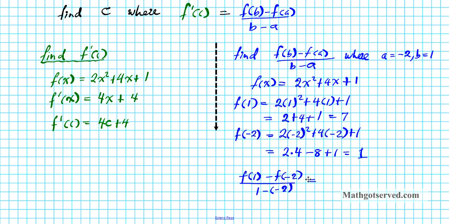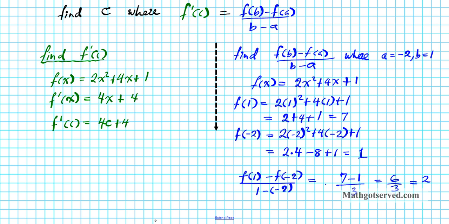That's the slope of the secant line. f of 1, we got 7, minus f of -2, which is 1. So 7 minus 1, divided by 1 minus -2, which is 1 plus 2, which is 3. So 7 minus 1 is 6. 6 over 3 is equal to 2. So that's the slope of the secant line.